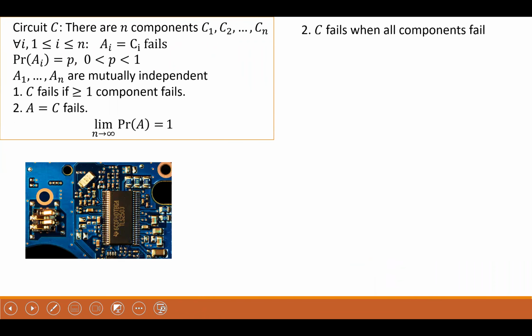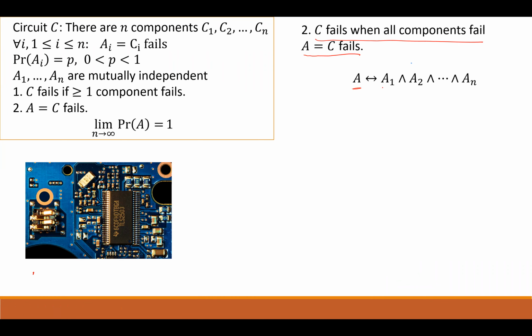We can also look at the case where C fails when all components fail. So my circuit fails if every single component fails. Again, we define the event A as C fails. This happens if and only if circuit 1 fails and circuit 2 fails and all of the circuits fail.